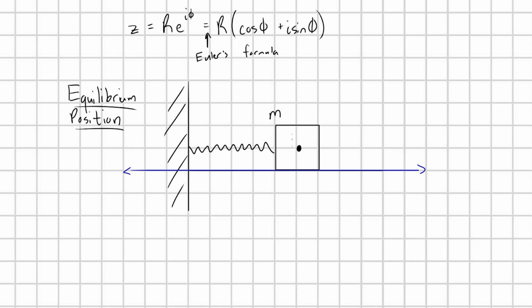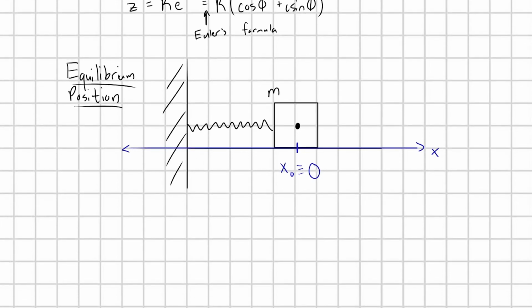So I only need to pick out its location in the x direction. This location here is the equilibrium position x naught. And because it's convenient, I'm going to define x naught to be the origin of my coordinate system x. So this is my 0 point.